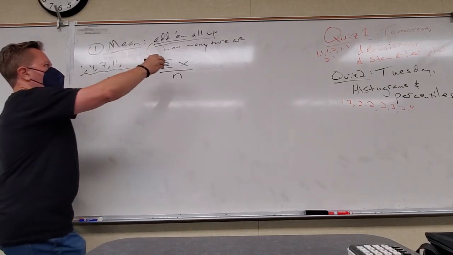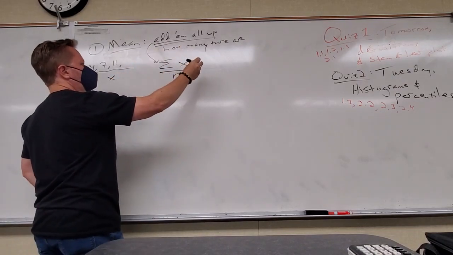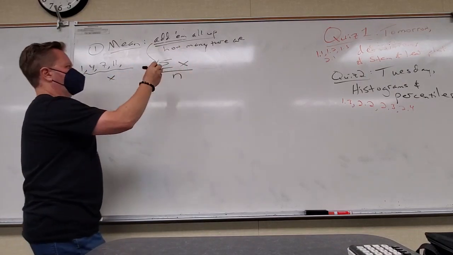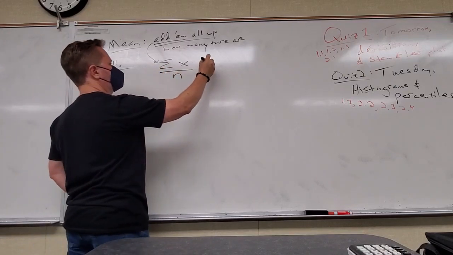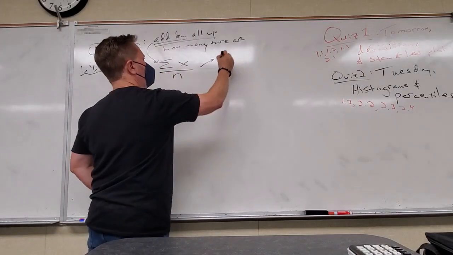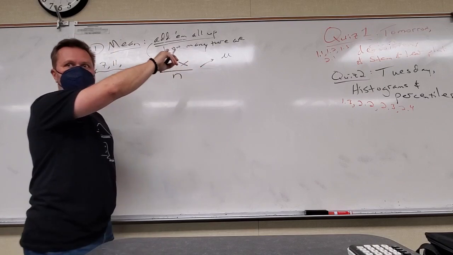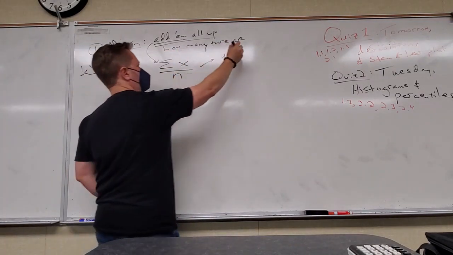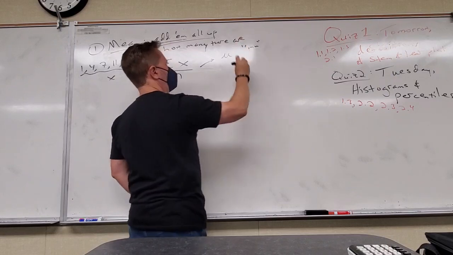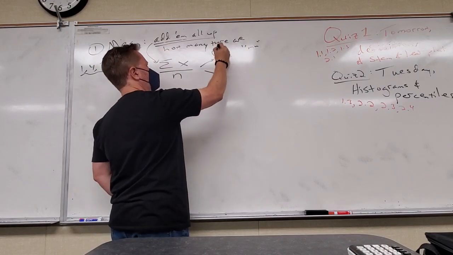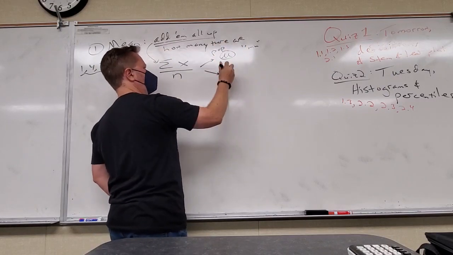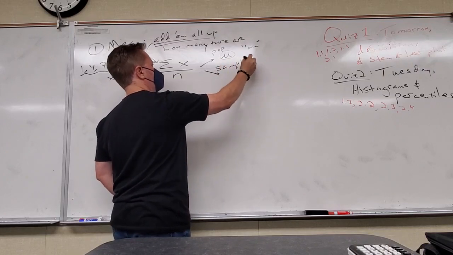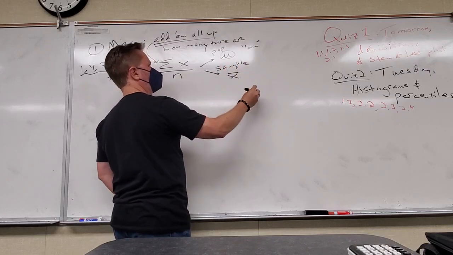The symbol we use for the mean depends on if it's a sample or a population. So for a population, we use the symbol mu. We've seen that before. That's the Greek letter mu. And for a sample, we use the symbol x bar.